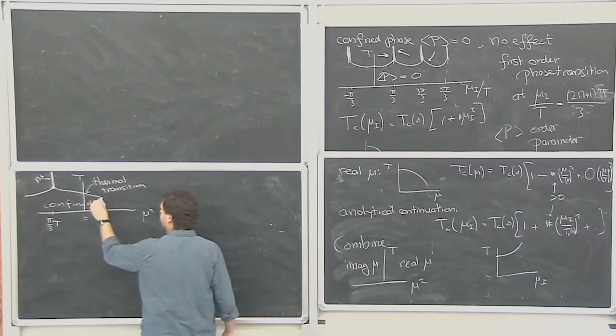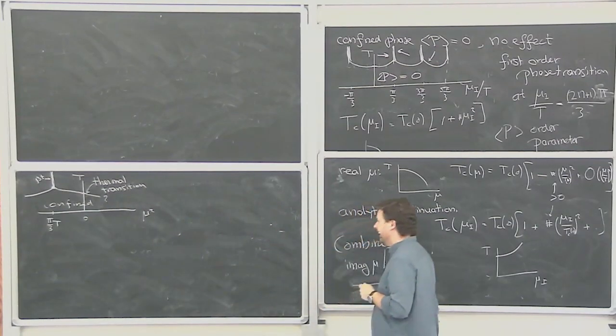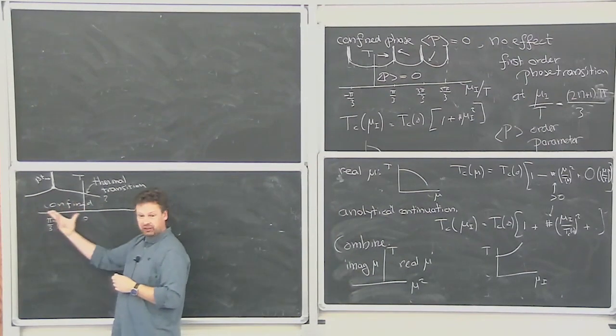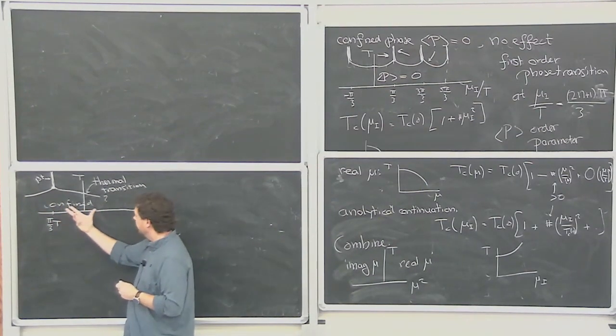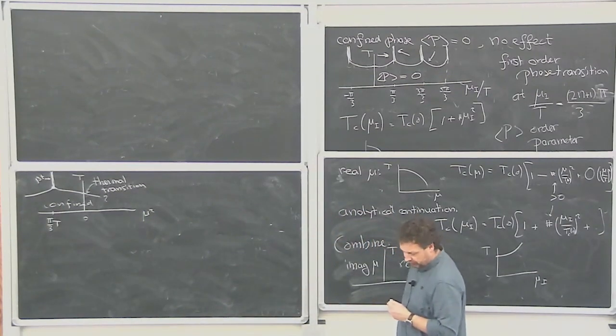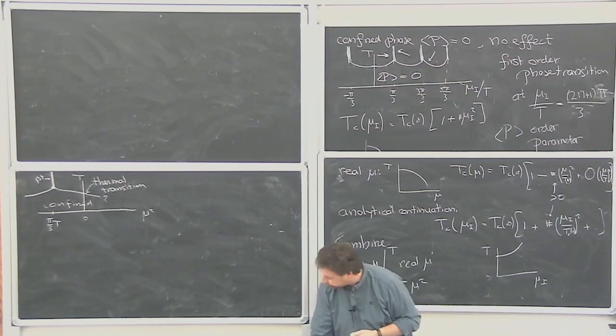Then what happens here, nobody knows. That's very hard to guess from this argument, because we're now focusing on this part of the phase diagram, so small mu squared and negative mu squared. So this is the phase diagram in the T mu squared plane.